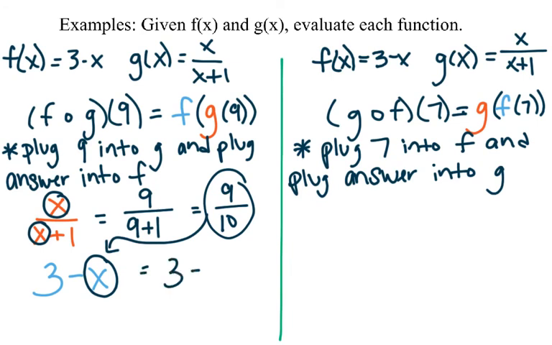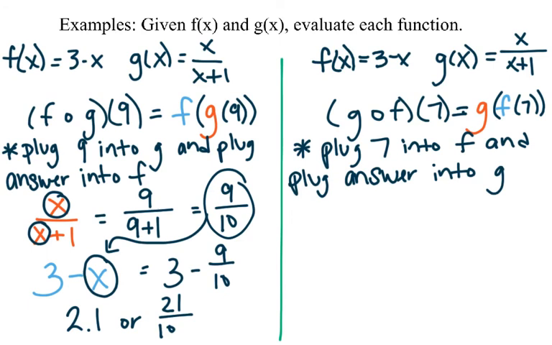So 3 minus 9 over 10. You can do this in your calculator. Just make sure you put parentheses around any fraction you get. So you either get 2.1, or if you left it as a fraction, 21 over 10.